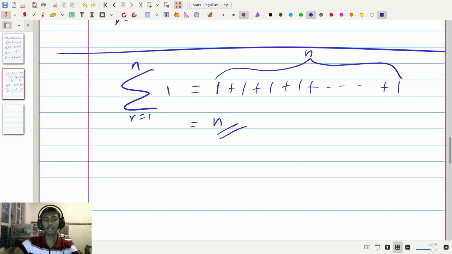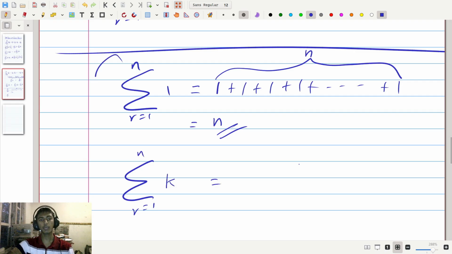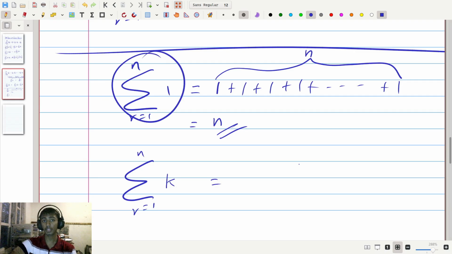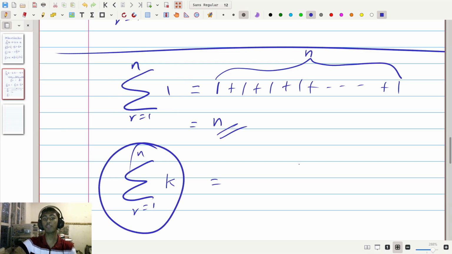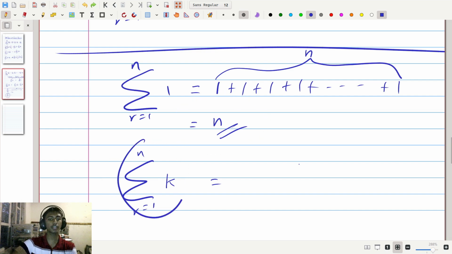We can already expand this if we consider the sum from r equals 1 to n of k instead. Here we have just one particular specific sum. Here we have a whole family of sums. Now we can find what this is if we just consider the properties of sums that we had earlier. The sum of k times some function, which we could consider as 1 in this case, is simply k times the sum of that function.